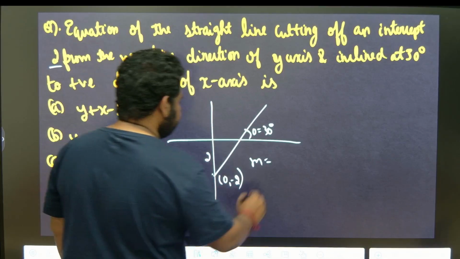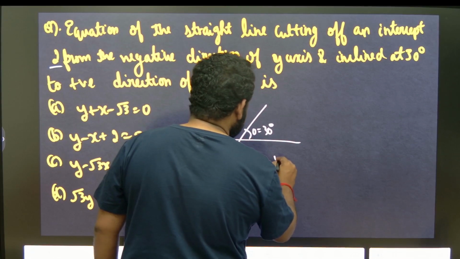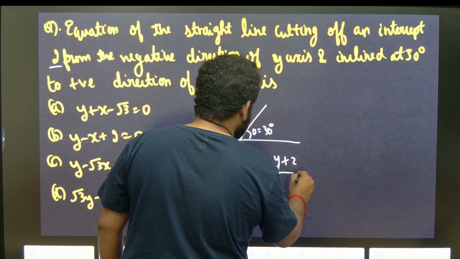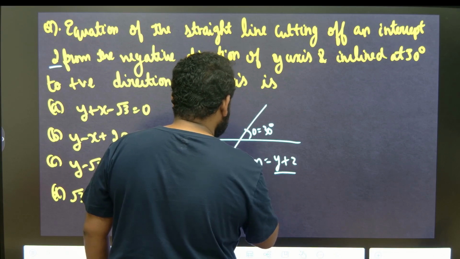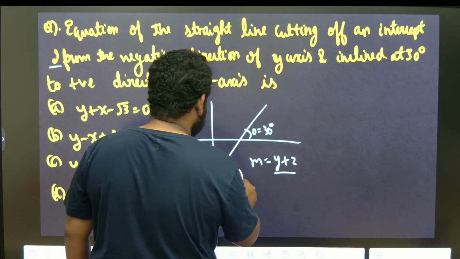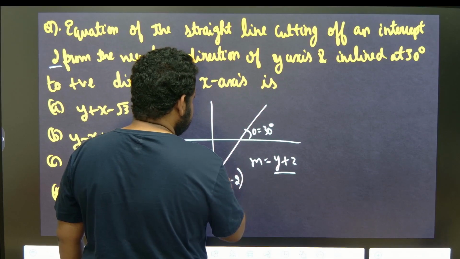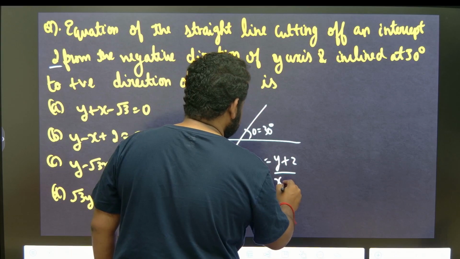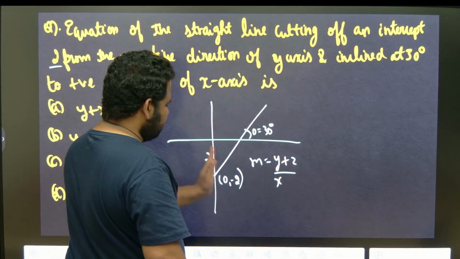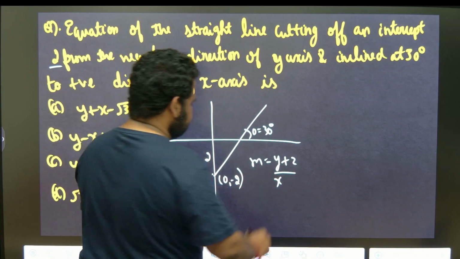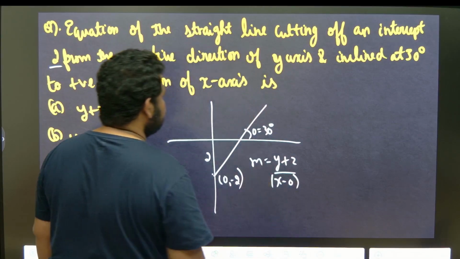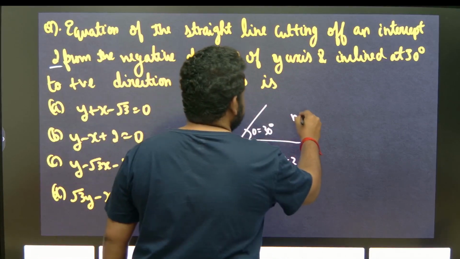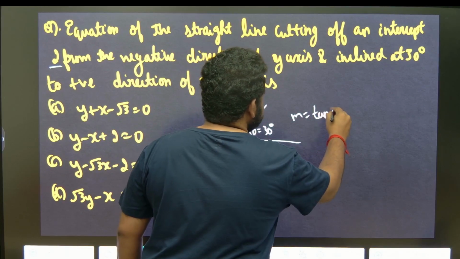M is equal to y2 minus y1 by x2 minus x1, that is y plus 2 divided by x minus 0. Now m is nothing but tan theta. Here theta is equal to 30 degree.